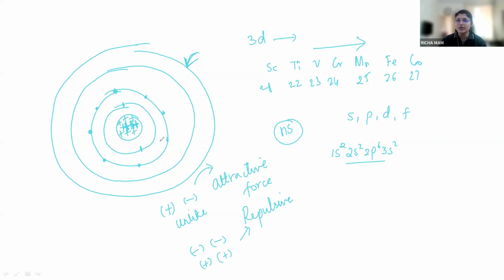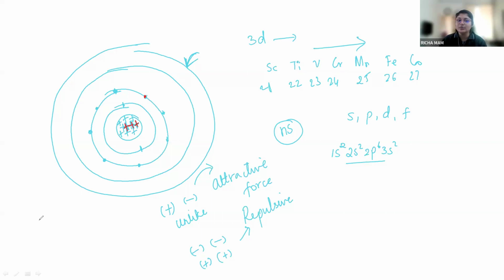Now in this system there are two types of forces acting. The attractive force is between the nucleus, which is positively charged, and the electrons, which are negatively charged.